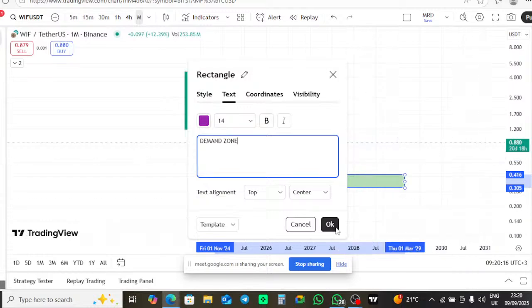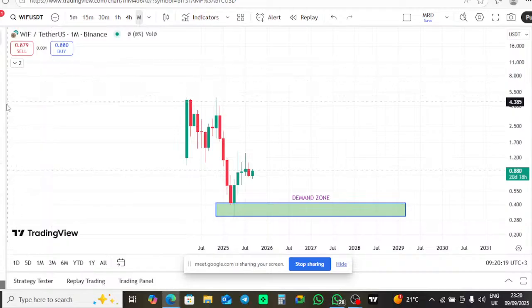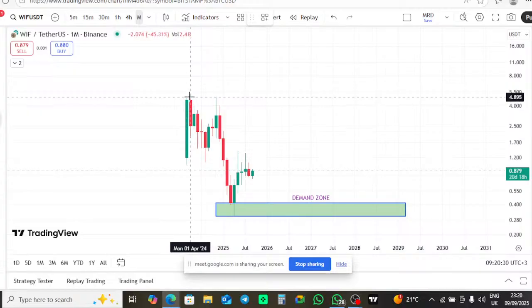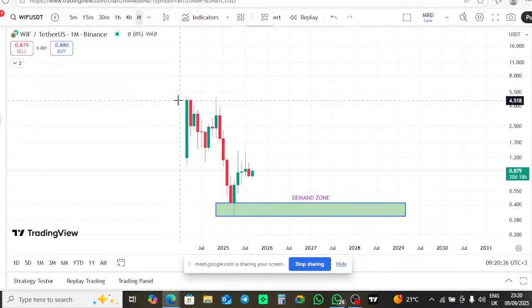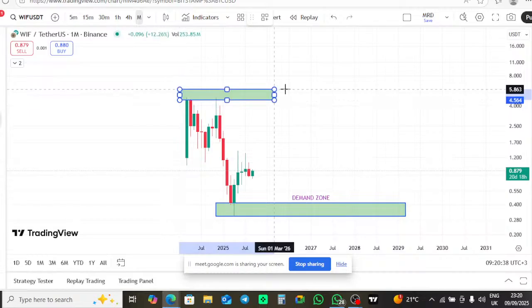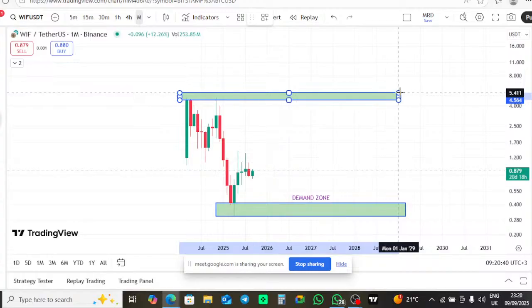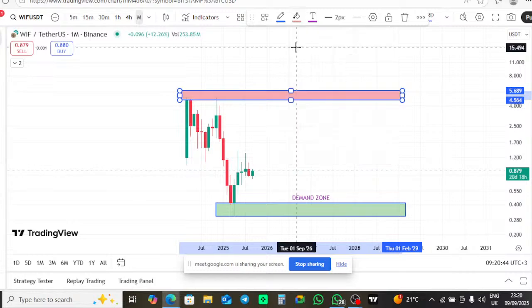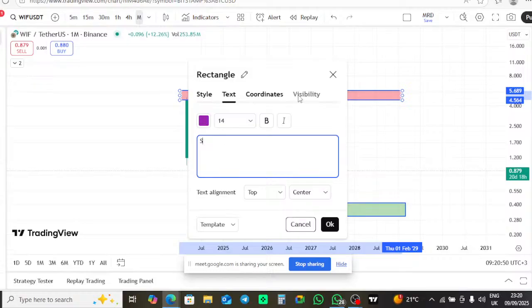Now we look forward, and again we draw a line at the top looking forward for a supply level, and now we are considering any highest point as our supply level. So we are going to take this like this. We draw the line and we make it red. We lock them and we write there supply zone.